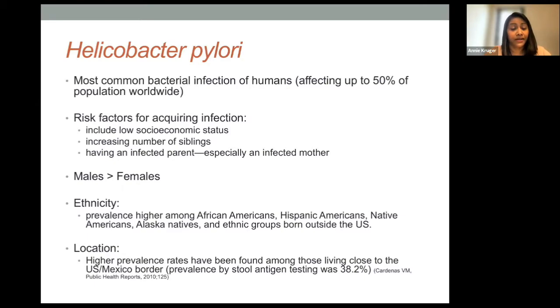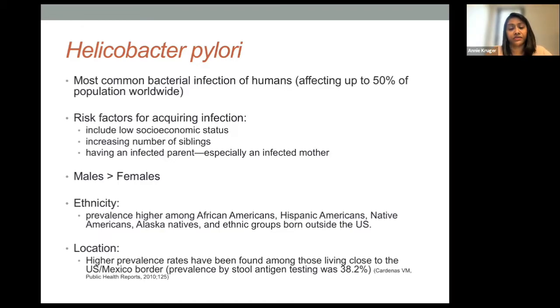But anyway, there is an ethnic prevalence. You do see this in patients of African Americans, Hispanic, Native Americans, and ethnic groups born outside the US. Whether or not that's associated with socioeconomic status, I think that remains to be noted, but often we do see patients who are born outside the US have much higher prevalence for active H. pylori in the US.